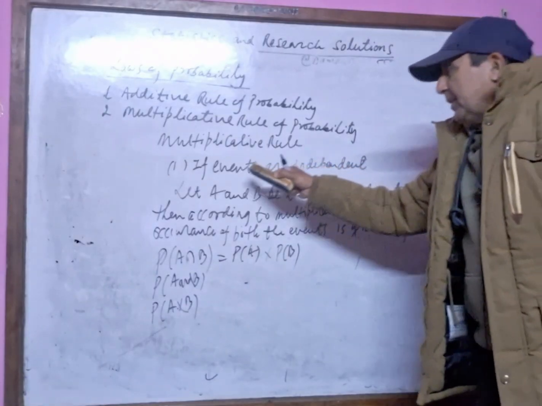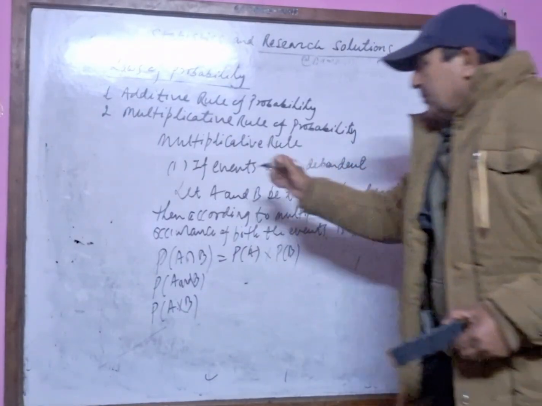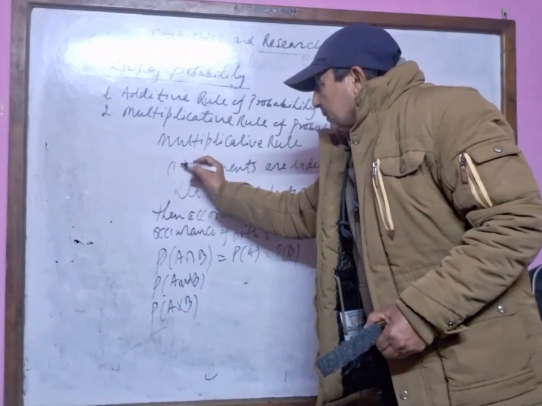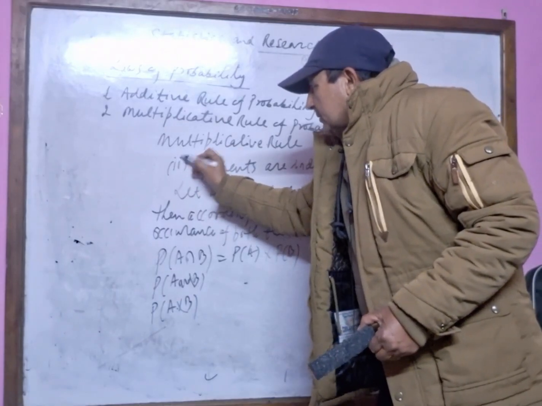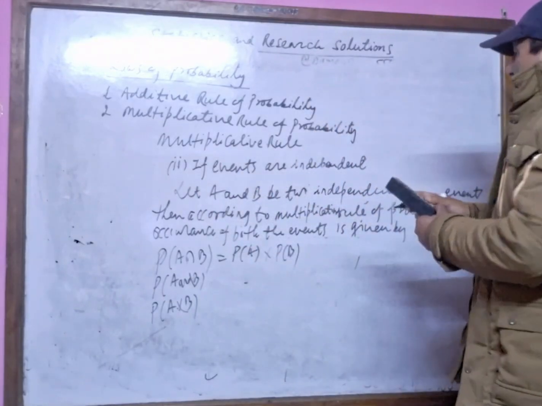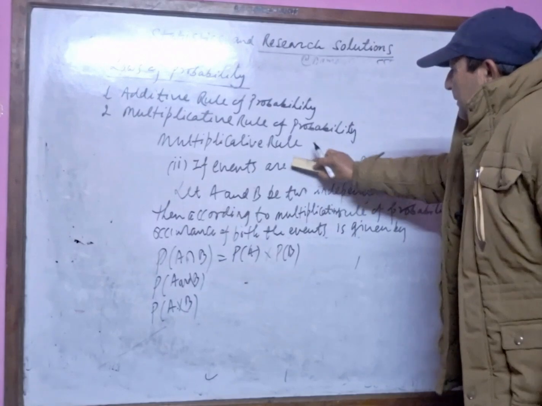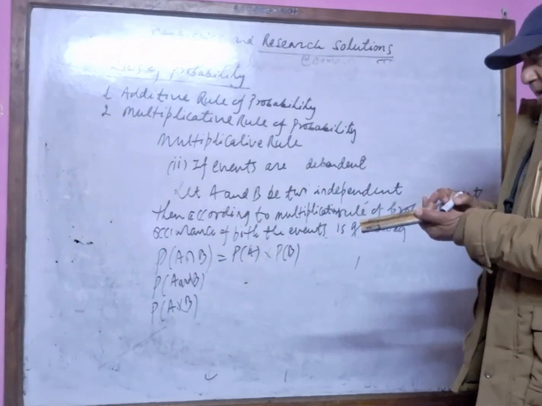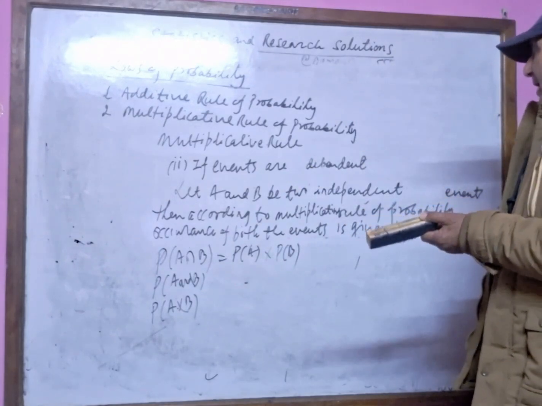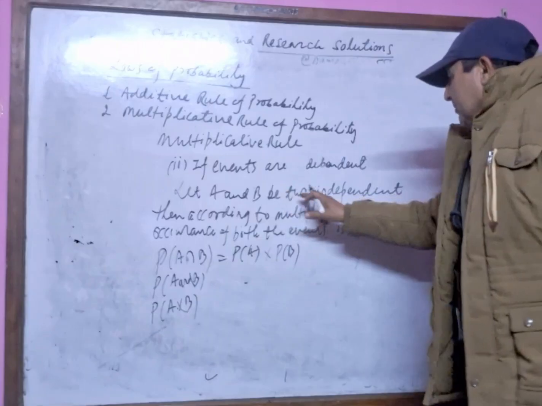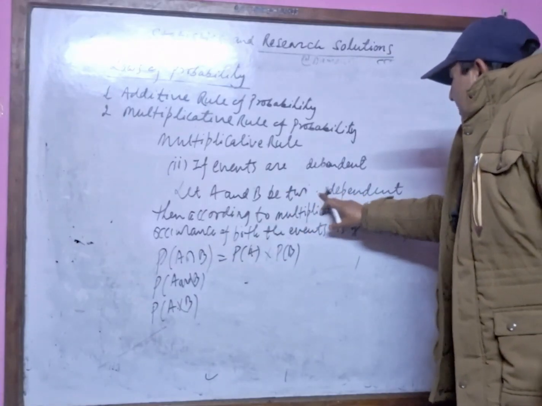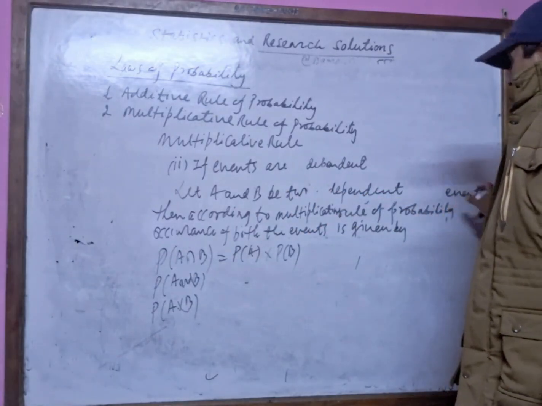And the second case in the multiplicative rule: if events are dependent. Let A and B be two dependent events.